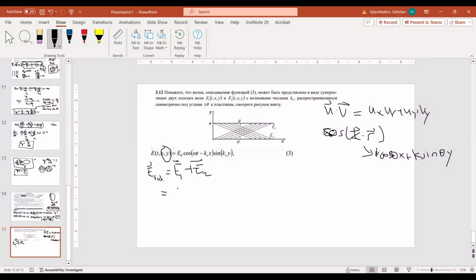Let's solve it. E1, let's say E0 prime, is a random amplitude.